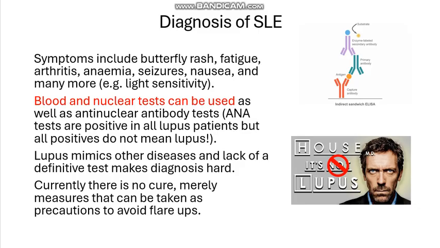Because UV radiation can cause damage to cells, releasing nuclear antigens into the bloodstream, leading to a lupus flare-up, where you get more of these anti-nuclear antibodies being produced, forming complexes and damaging tissues through the complexes accumulating. Blood and nuclear tests can be used as well as anti-nuclear antibody tests.